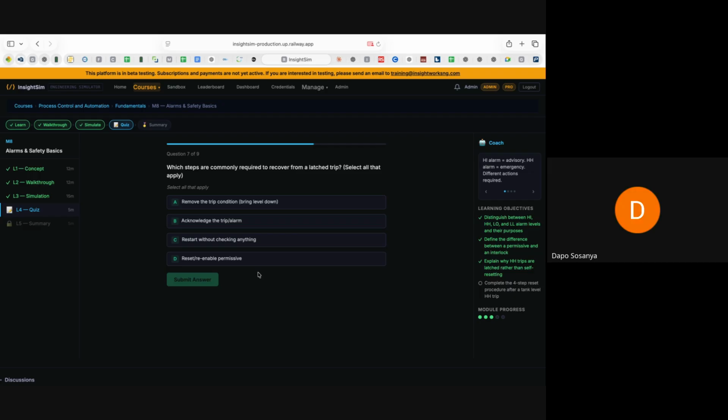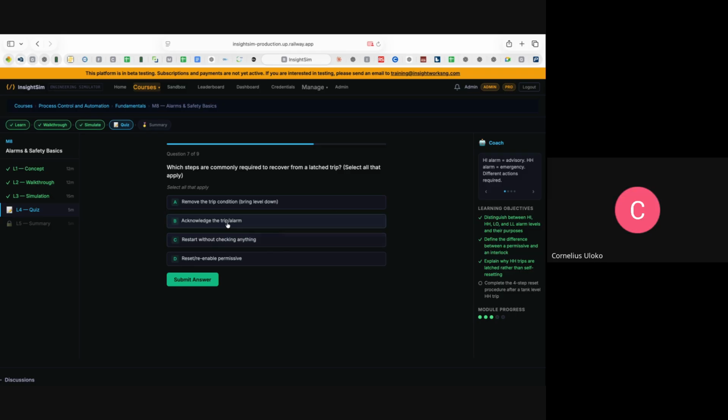Right. Which steps are commonly required to recover from a latched trip? Select all that apply. I think the first step is to acknowledge the trip alarm.